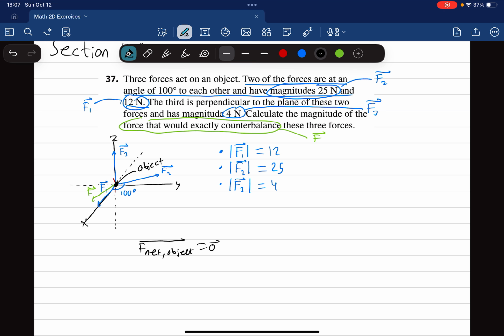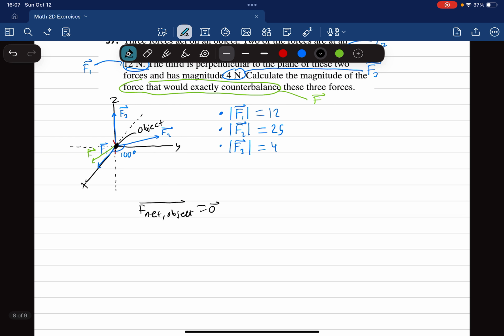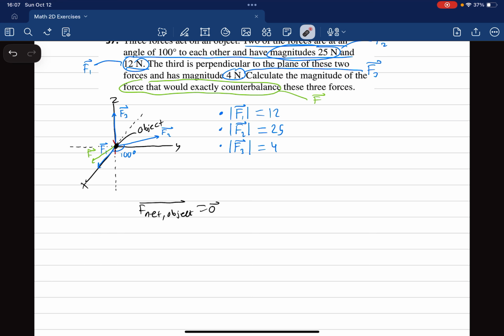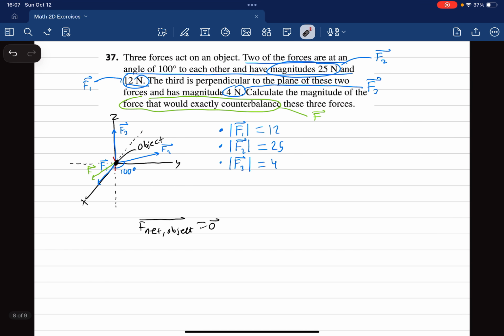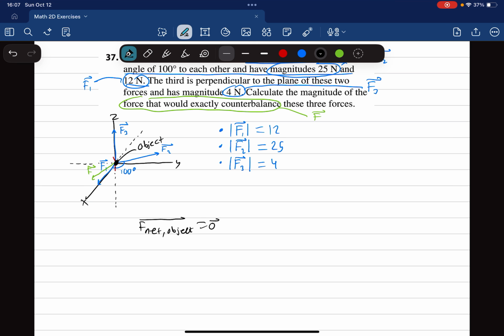But by definition, the net force acting on an object is just the sum of all the different forces that act on that object, in this case, F, F1, F2, and F3. So the net force on our object is F plus F1 plus F2 plus F3.